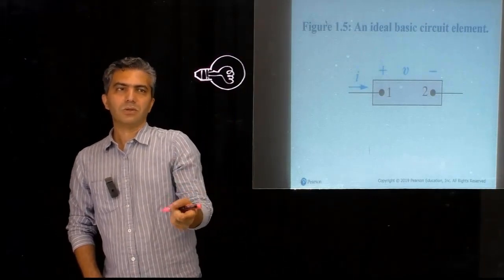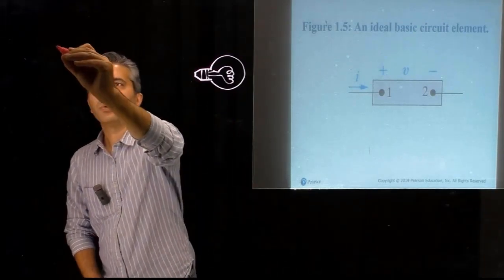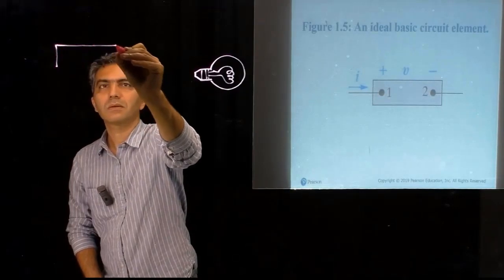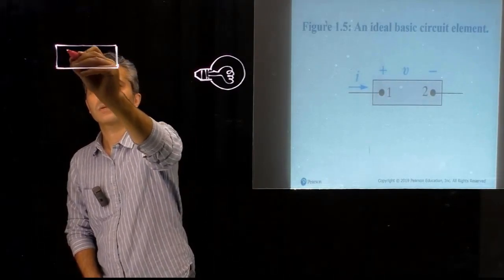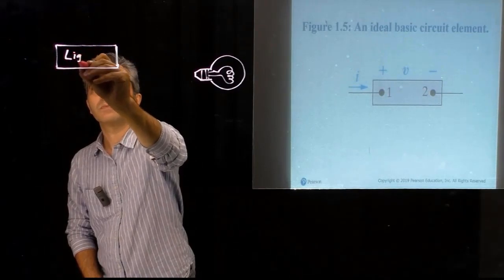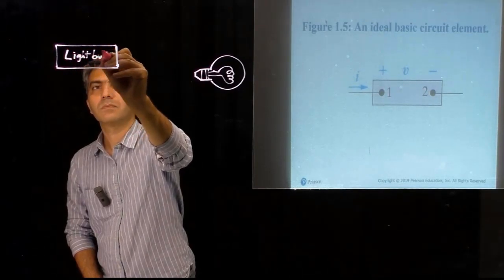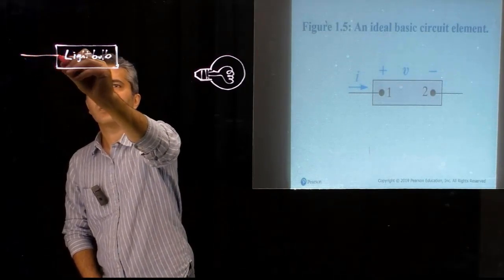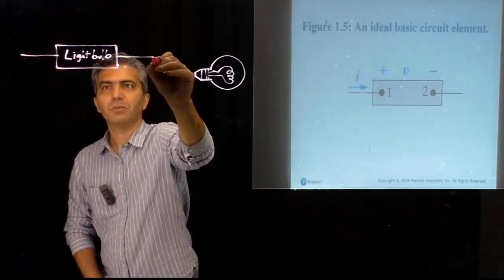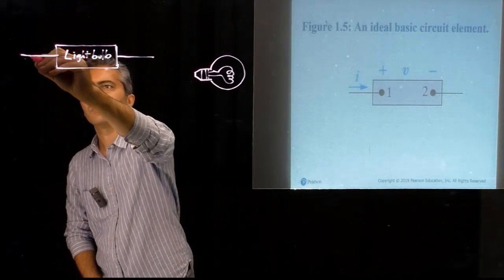So one thing that we can do is, for example, put a box and say this box is a light bulb. Now, in the electrical domain, there are two connections to the light bulb, as you may know.